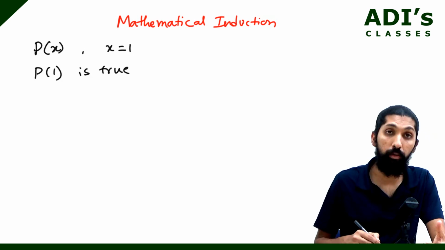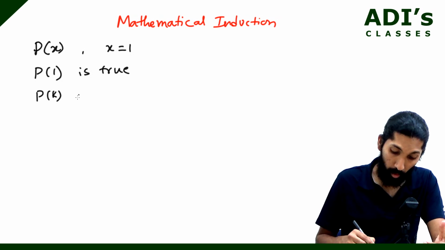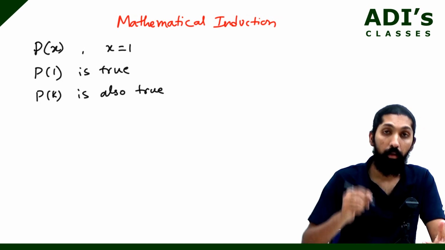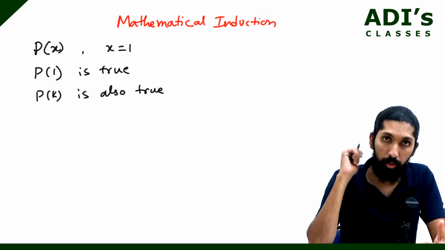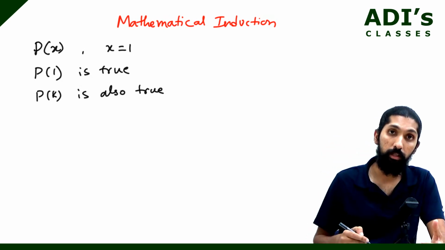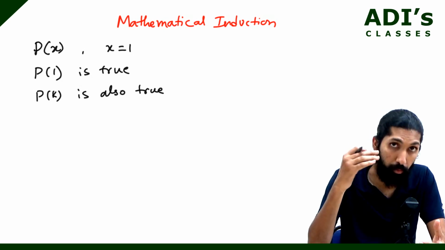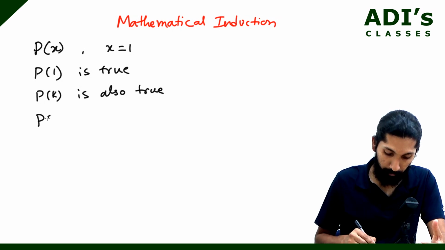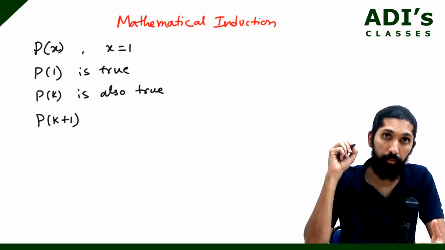Next, we'll assume that p of k is also true. Now, the next step is the crucial step. If p of n is true, then if you take p of k plus 1, it should be true.